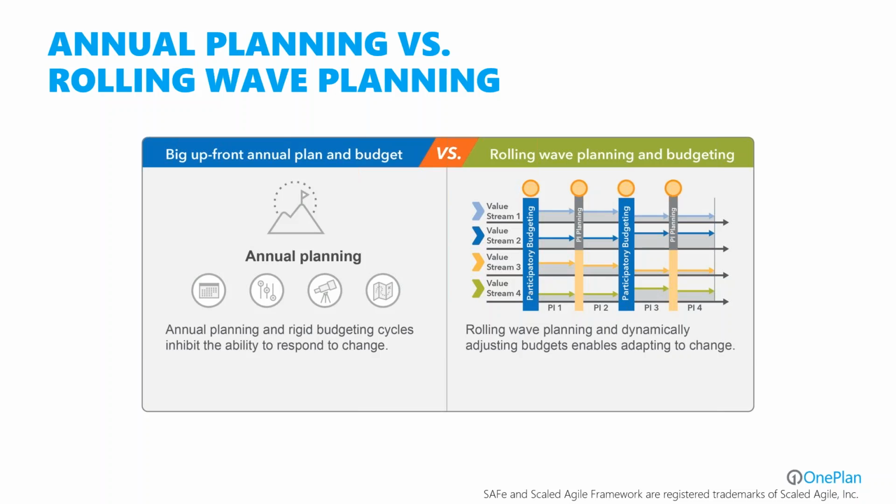So one of the recommendations is we should all be doing 6 monthly cycles. Some people even go more aggressive than that. But a good starting point is to shift your strategy setting and your budgeting to 6 monthly rather than annual cycle.